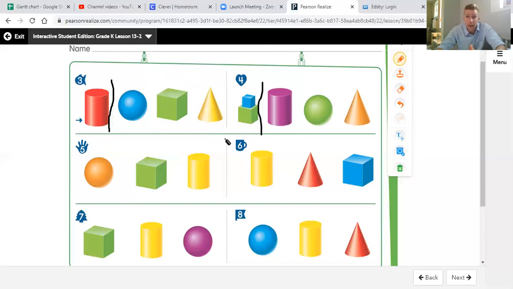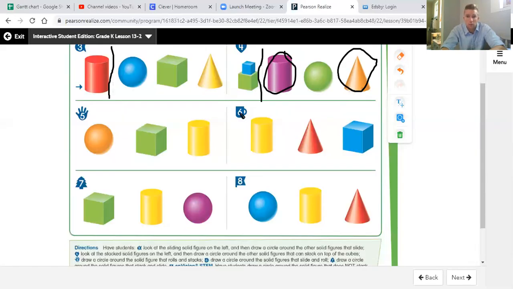And remember, to stack, they need to have a flat side. I bet you could put this cylinder on top of this blue cube and then this cone on top of this cylinder because it has a flat side. You could pile them up on top of each other, and they would be able to stack. That's number 4. I hope you got those two.